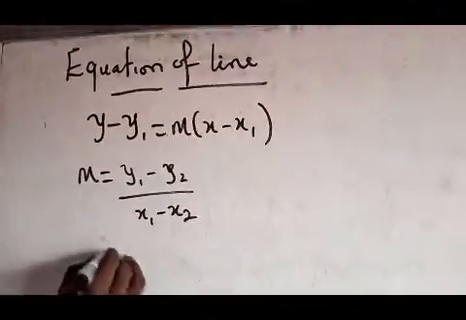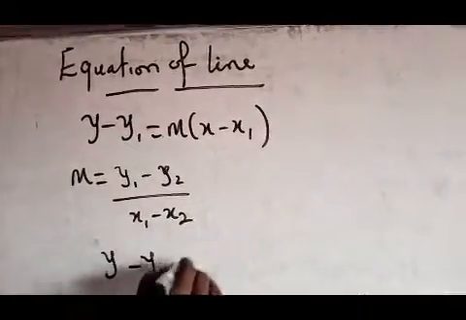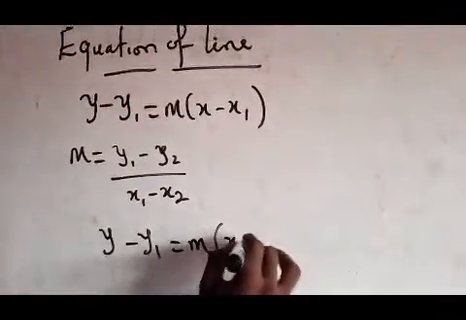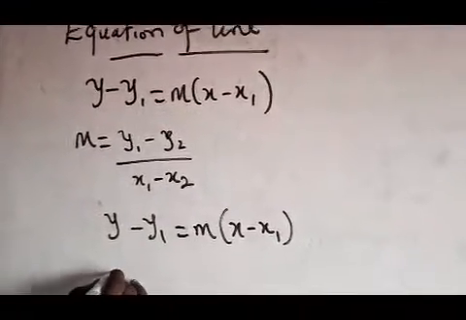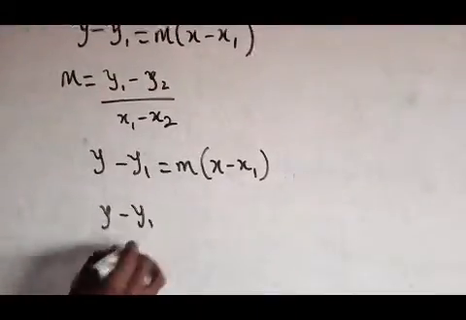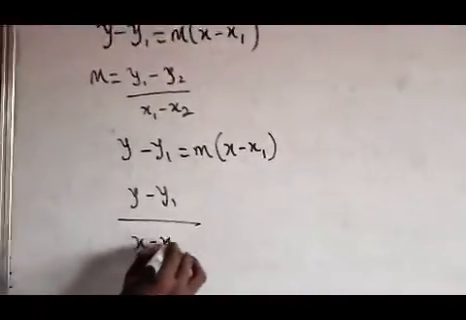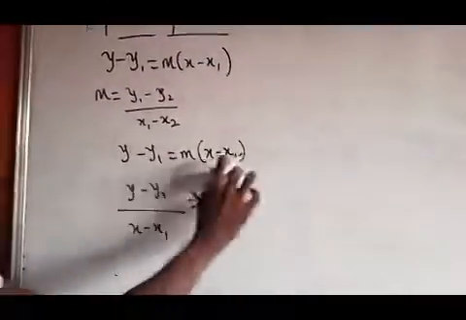So you will have y minus y1 equals m times x minus x1. If you make m the subject of the formula here, you will have y minus y1 over x minus x1 equals m.